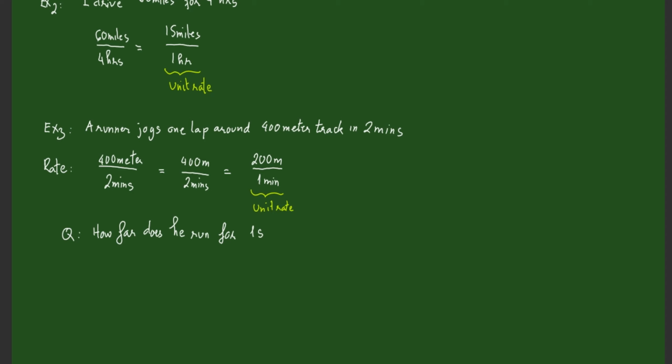We know the relationship between a minute and a second: 1 minute equals 60 seconds, right? Everybody knows that. So we want to change to seconds, so it will be 60 seconds.